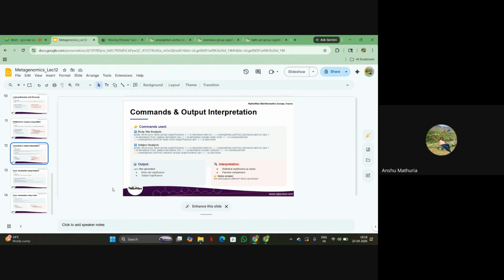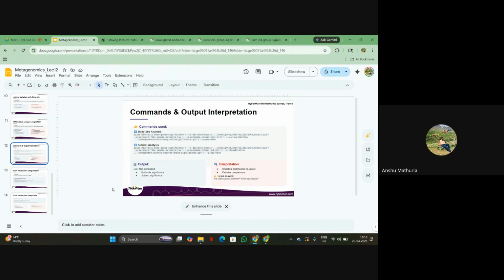Yes, ma'am. Can beta diversity alone be used when we are handling disease samples? Do we need any additional analysis step for the disease samples? When you're analyzing disease samples, it depends upon your objective and your goal.